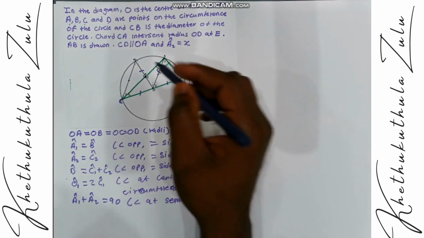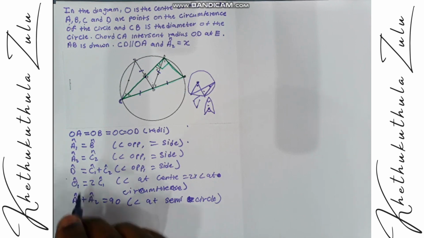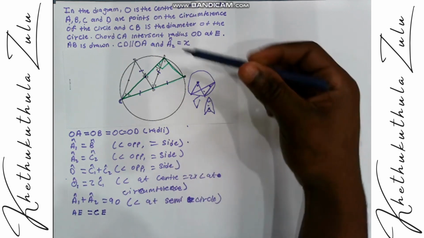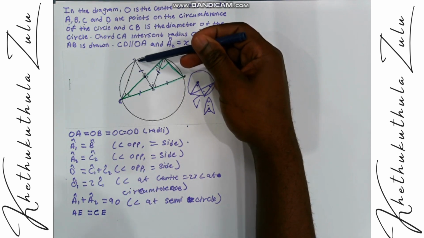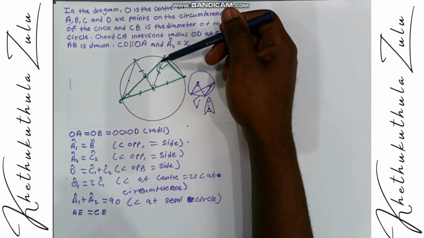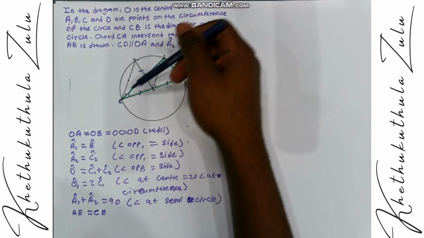What we see here is that CE, EA is going to be equal with what? With CE. Why? A line from a center, this line from a center, is going to be perpendicular to this chord from theorem number 1.